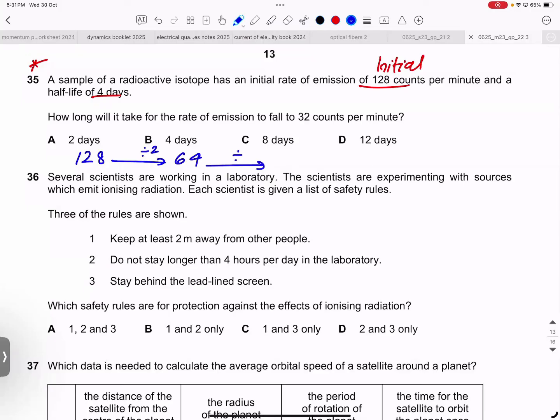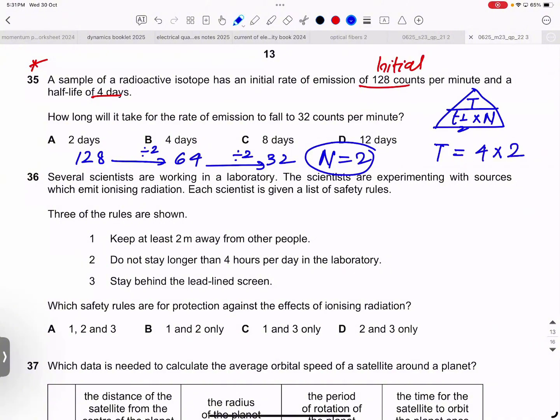Divide by 2, 32. So it means 2 half-lives. You should know the equation that half-life is total time over number of half-lives. So total time is half-life times 2 half-lives. The answer is 8, C.